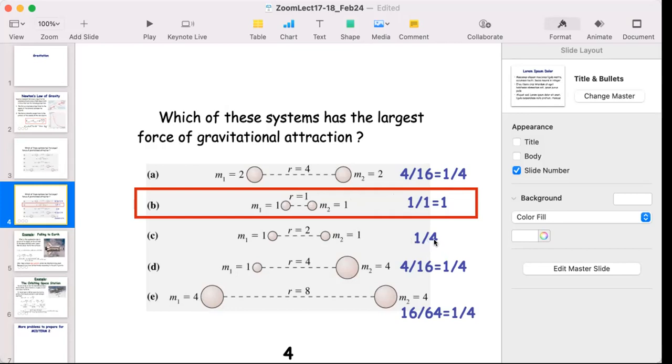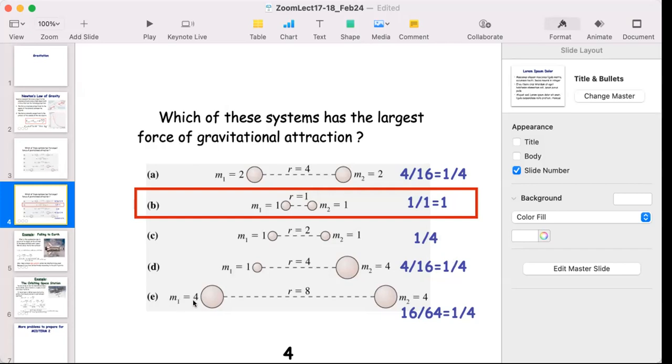So it's 1/4. So essentially these two situations are the same. Then if I do this, 1 times 4 is 4, R squared is 16. So this one is 1/4. So it's essentially the same situation over here.